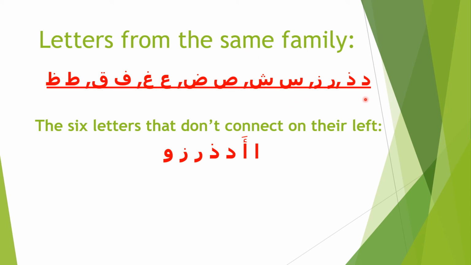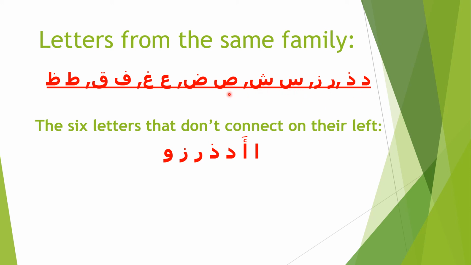But you should always pay attention to the sound of it. They sound different, although they look alike. Like dal and dhal, they look slightly different, and ra and za look very different. These were closer.